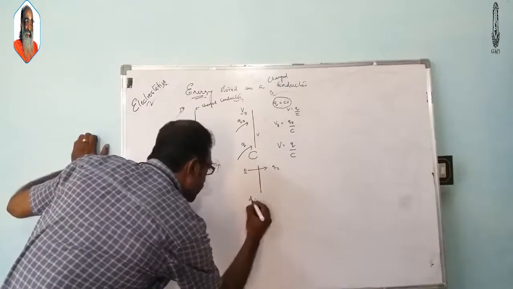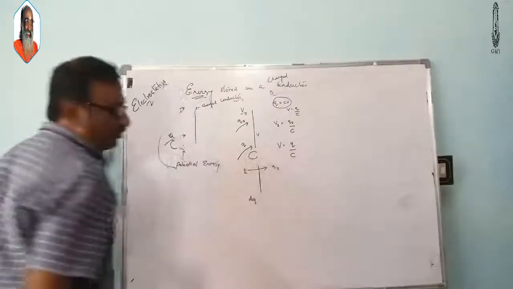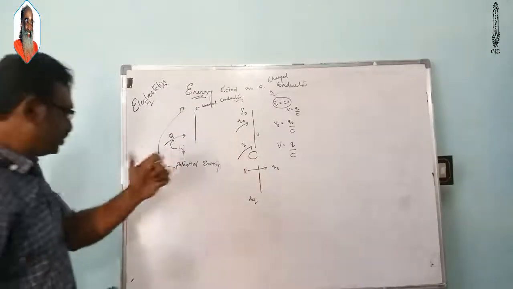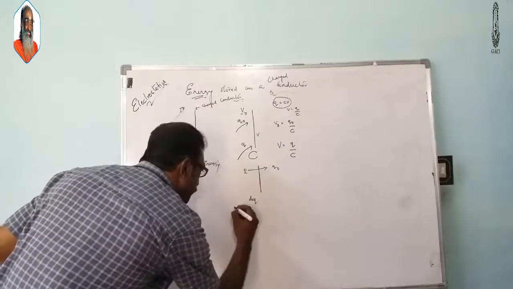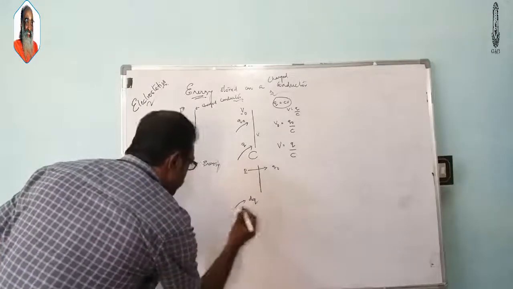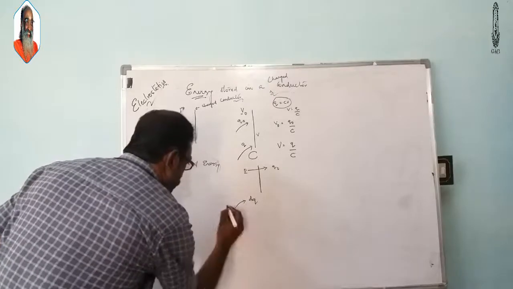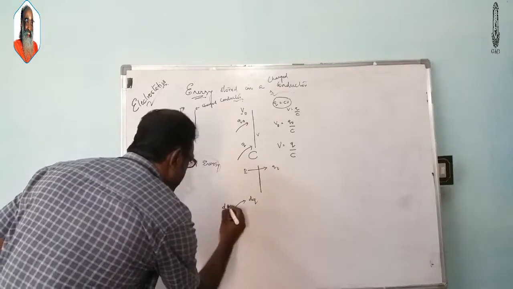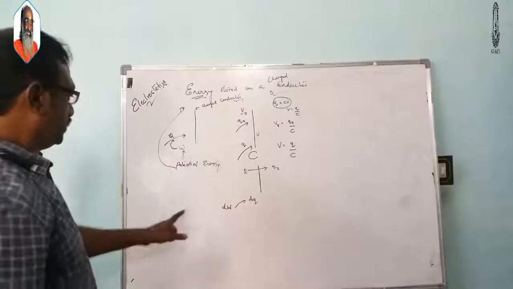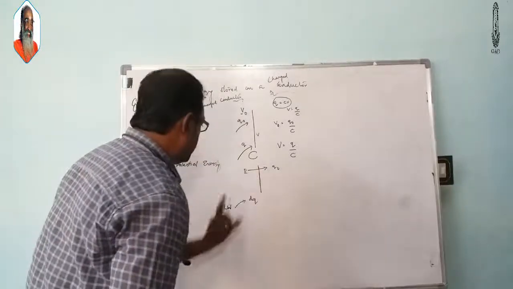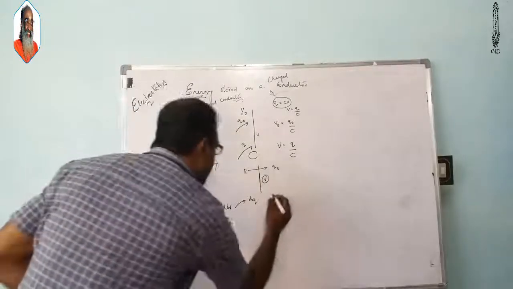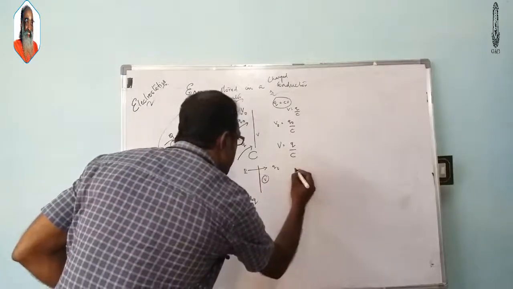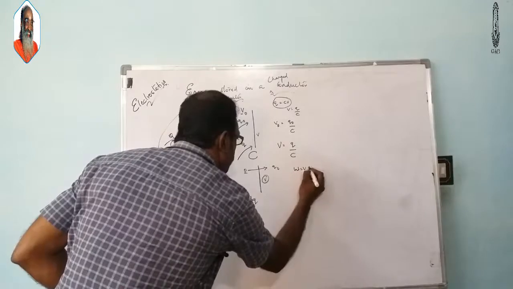So a small amount of charge dq is given. For giving this charge dq, some small amount of work is done. Let this be dw. Now we are going to raise it to potential V. So now we can write, already you know the formula, W is equal to VQ.